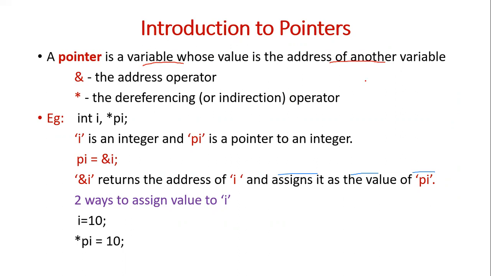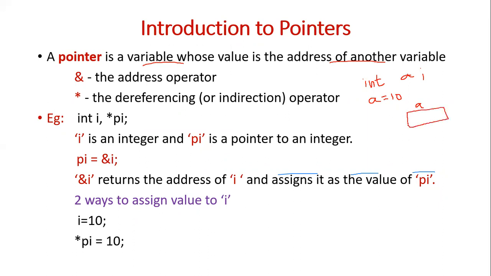Say for example, I am declaring a variable something like this: int a. What does it mean? a is a variable of type integer. If I say that a is equal to 10, what happens? a is a variable and some memory will be allocated for a.